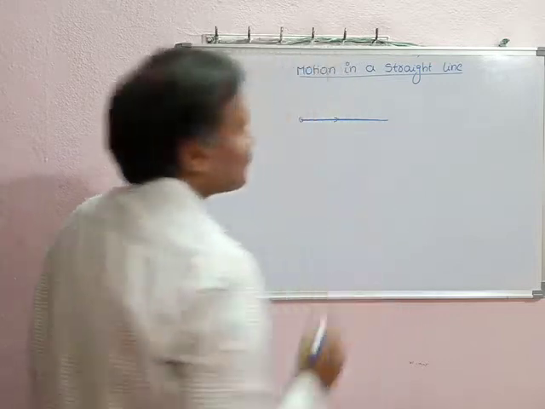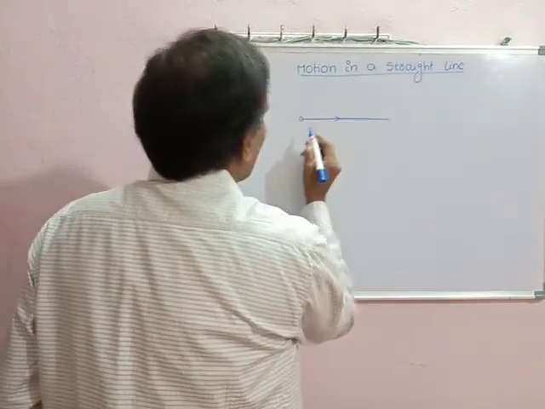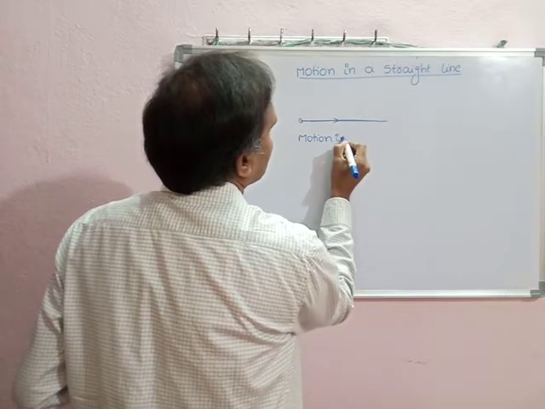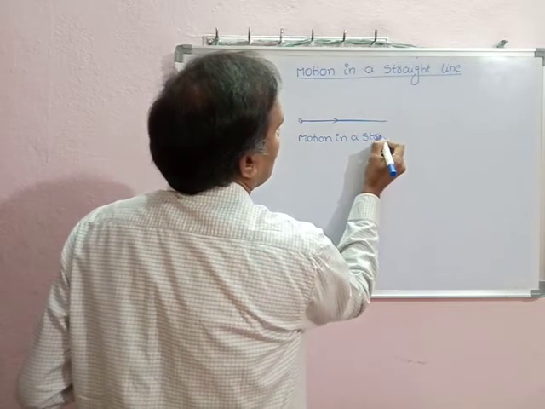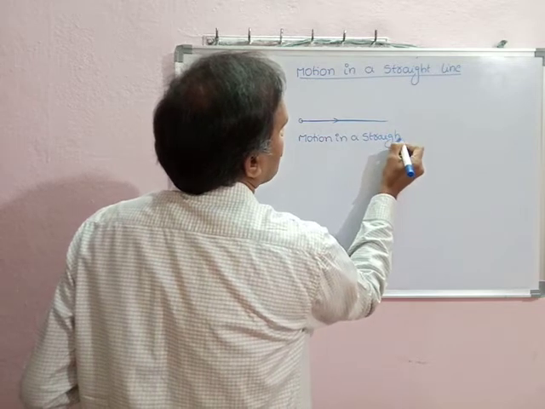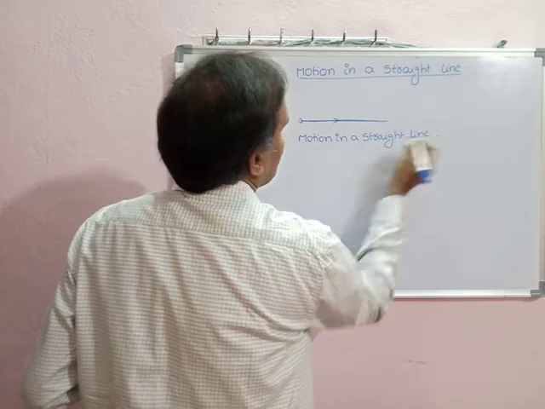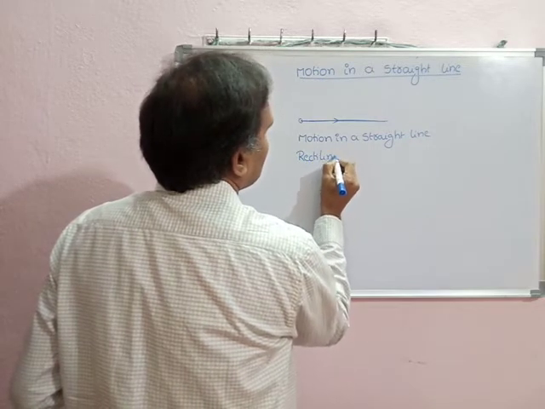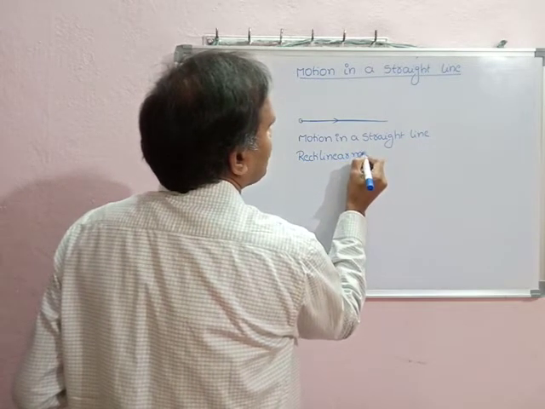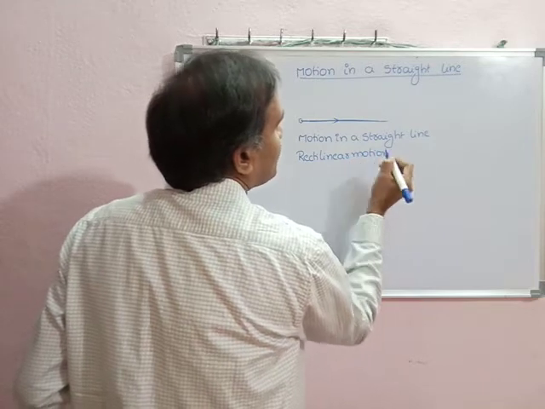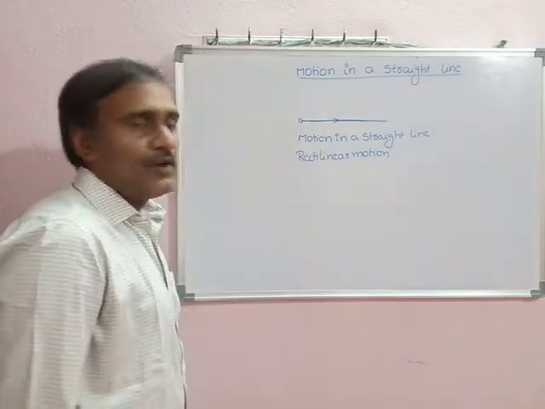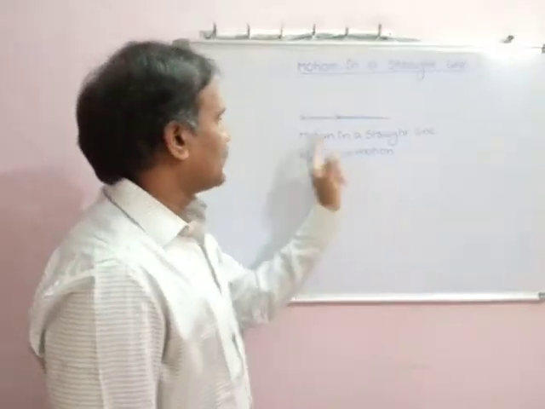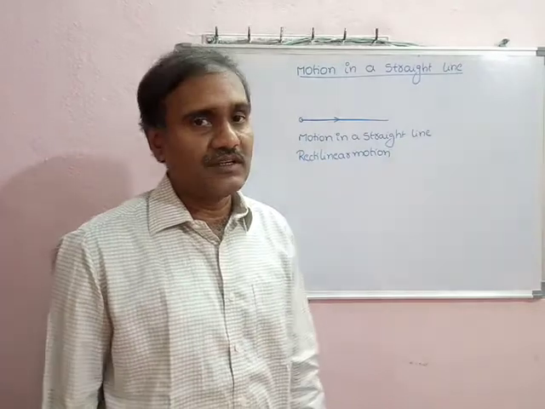This type of motion we call motion in a straight line, or rectilinear motion. Motion of a particle along the same straight line is called rectilinear motion.